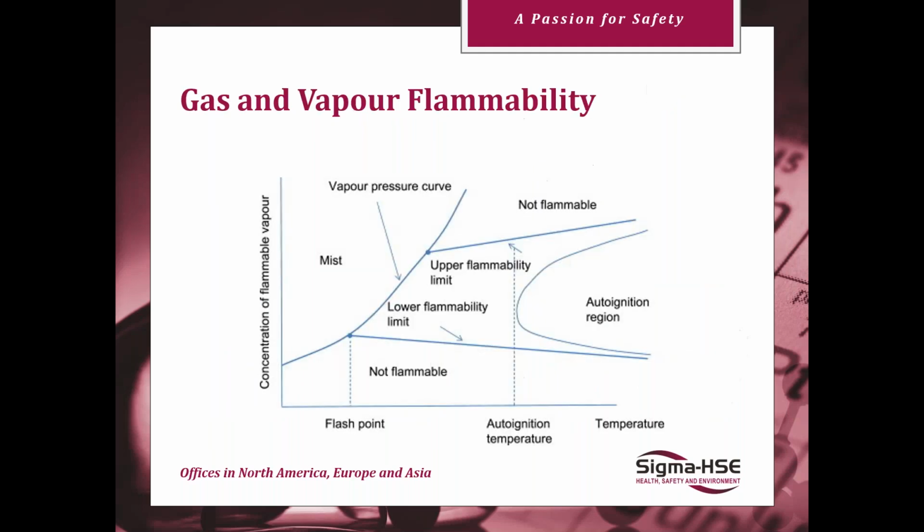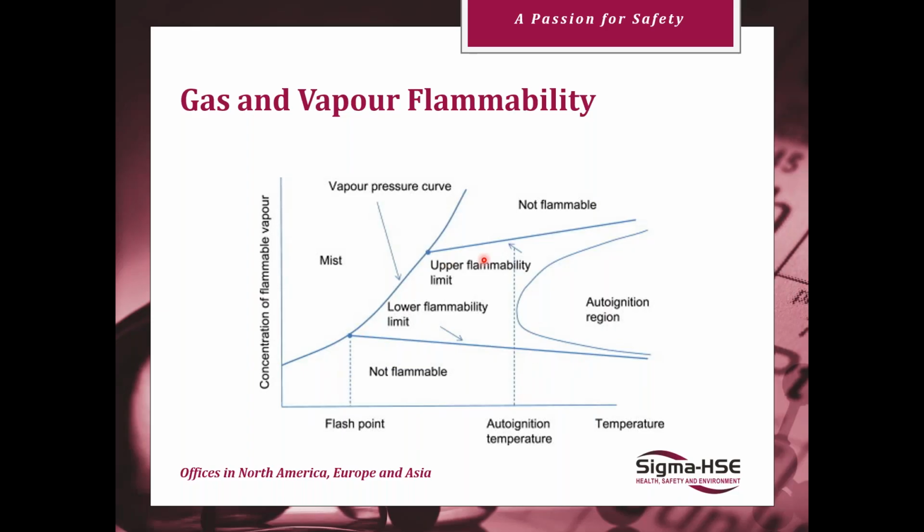So here we can see how these values sort of link together in this graph. So starting from the flash point, which sits quite tightly to the vapor pressure curve, since the test itself investigates the minimum temperature at which the liquid forms a flammable headspace, we can then move up in temperature from this point, where we can see the lower flammability limit, which gradually decreases with increasing temperature.